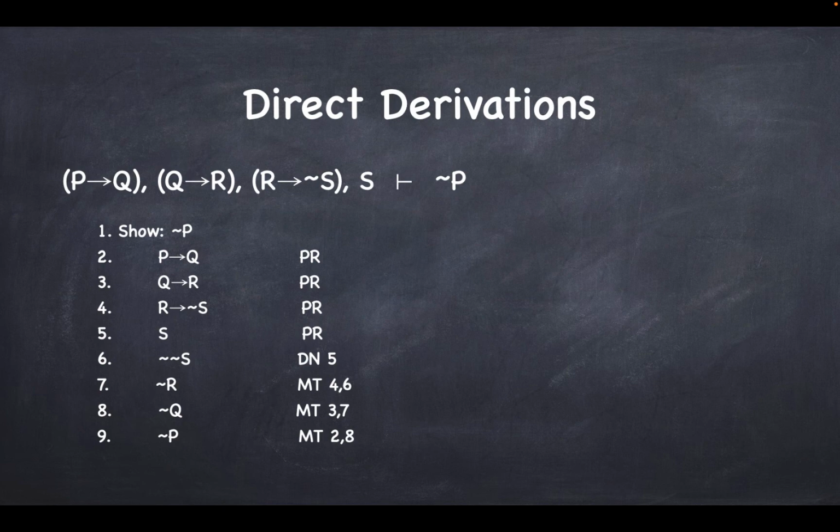And so if I'm just doubly negating and I haven't done any modus tollens, that should tell me something's going wrong. And conversely, if I've got modus tollens and I'm working my way backwards up to P in order to get that not P, then I'm probably on the right track.